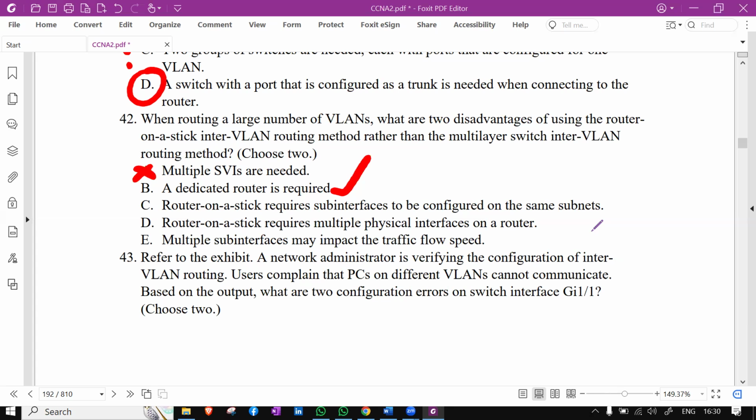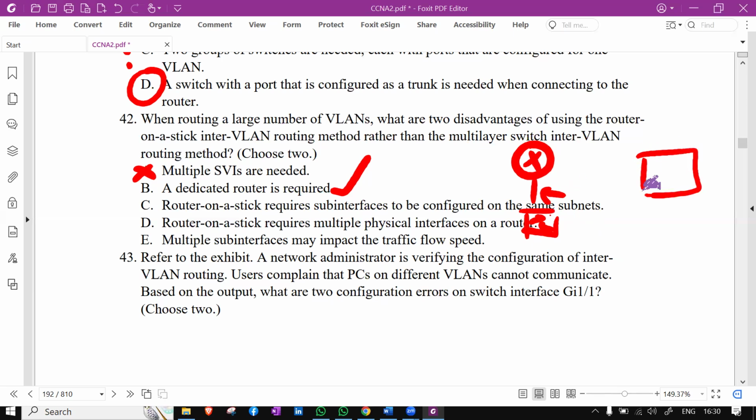So basically, if you look at having a router and a layer 3 switch, pa-network yangu, it means this router is dedicated to inter-VLAN routing and only that.